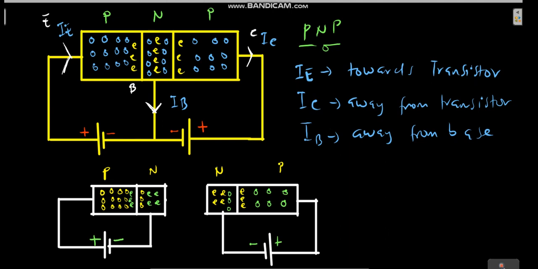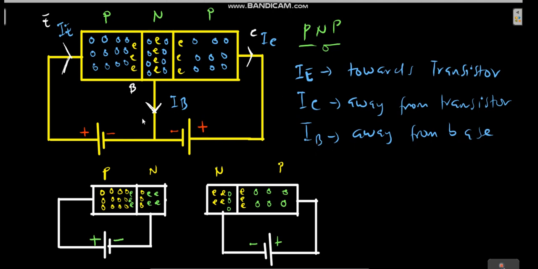Let's look at each of these conditions. We said that in the PNP transistor, the emitter current moves towards the transistor. Here it is: you see that the emitter current is moving towards the transistor, the collector current is moving away from the transistor, and the base current is moving away from the base.